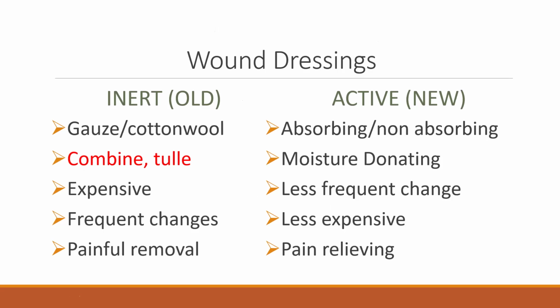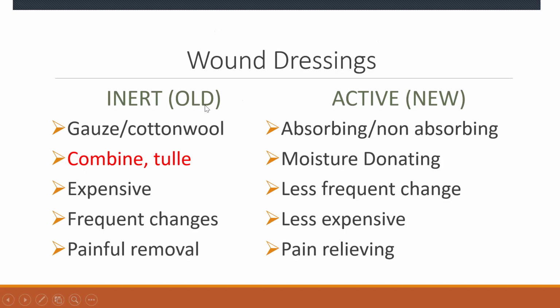Okay, and the difference between the dressing is the old style is inert, and the new style is what we call active. So the old generation we tend to use gauze or cotton wool or the combine and tulle or more, and normally those dressings are more expensive because you have to change every day.